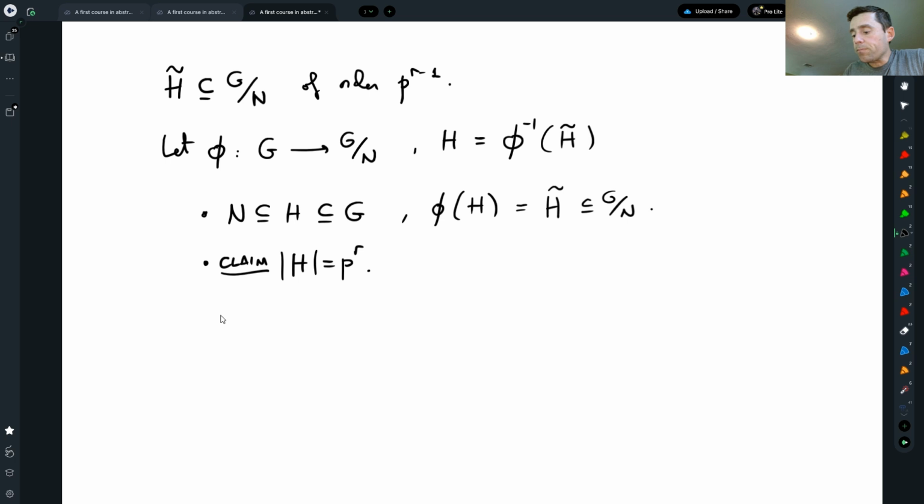Why is that? Here's the proof of the claim, to finish the induction step, and therefore with induction the entire theorem.